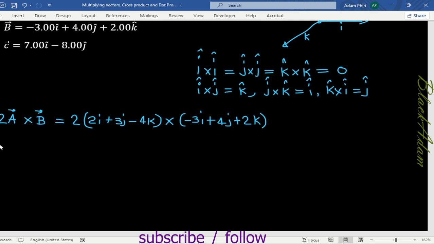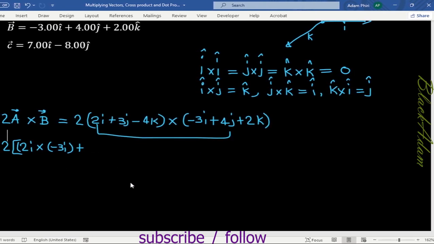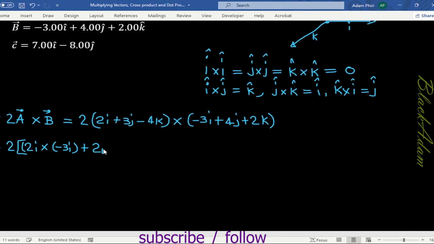Alright, then from there what we have to do is multiply 2 bracket, so that is 2i multiplied by negative 3i. So remember i cross i gives us 0, so we leave it like that.